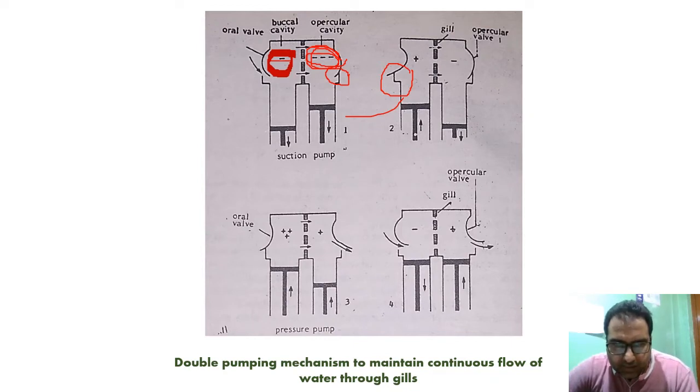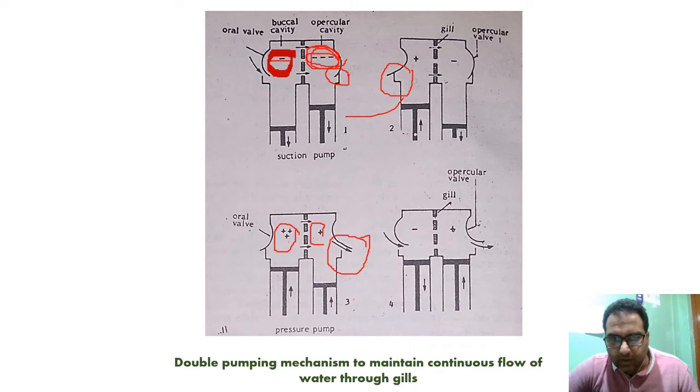Here we are seeing that the water is expelled through the external branchial aperture and is prevented from going back due to the excess pressure. As the pressure is increased inside the buccal cavity as well as the opercular cavity, the water leaves toward the outer side, as the pressure is in excess in the buccal cavity compared to the opercular cavity.